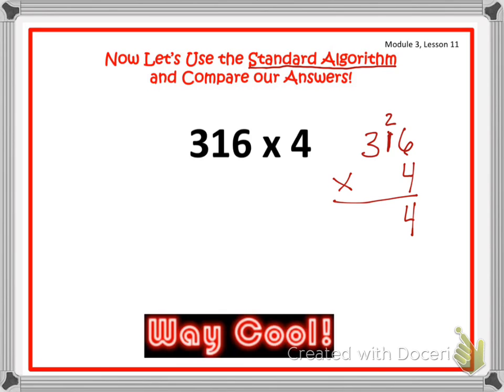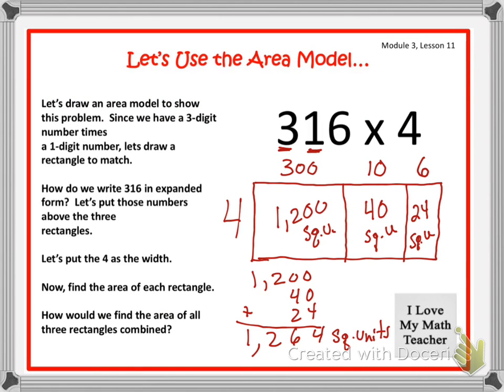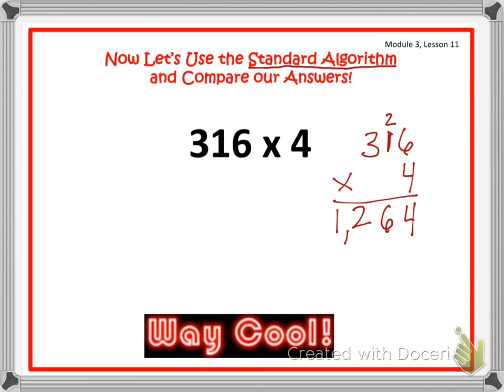It's 1 times 4 is 4, plus 2 is 6. And then 300 times 4 is 12. So we have got 1,264. Let's see how well we did before. 1,264.